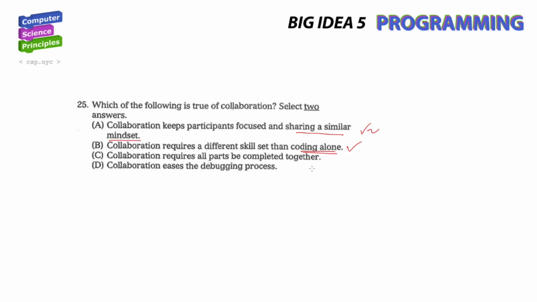Nope, you could do different parts at separate times, so I'm not really feeling this answer. And D, collaboration eases the debugging process, so it makes it easier to solve problems when you have multiple people collaborating on them. So that sounds good. So my answers, I'm feeling B and D as the best answers. Even though A looked like it was good at the start, B and D are the correct answers.